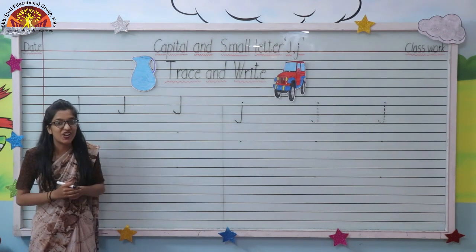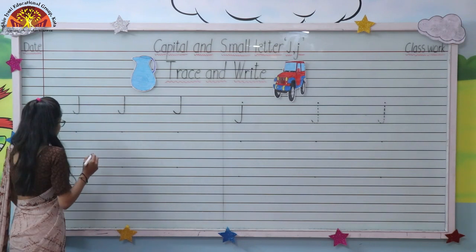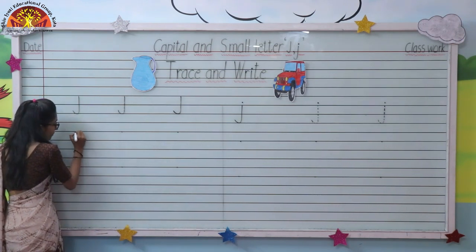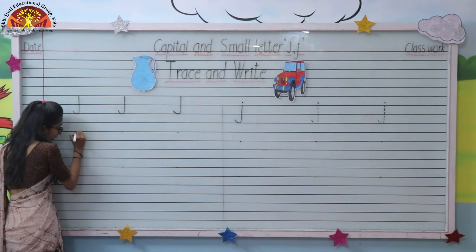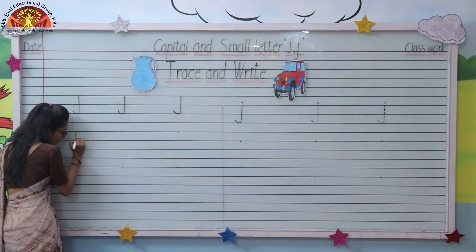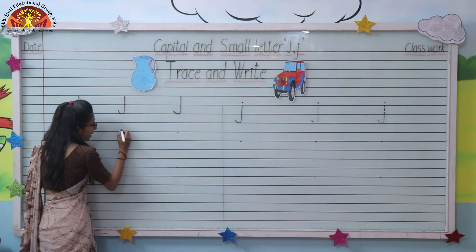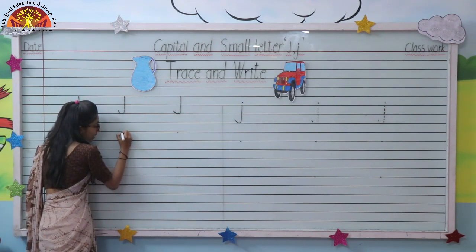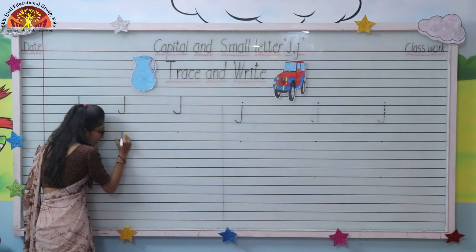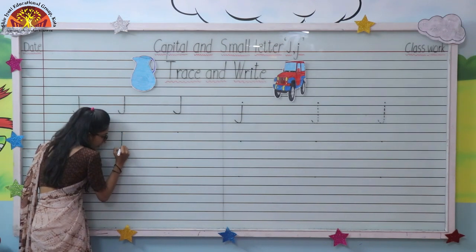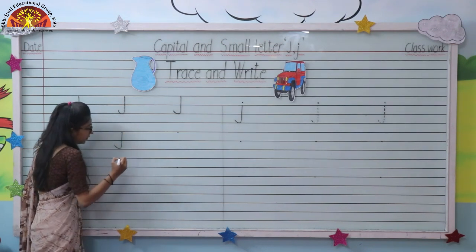Now let's write on dot. Kids, start from first line, make a standing line and turn. Like this. One more time. Start from first line, make a standing line and turn.